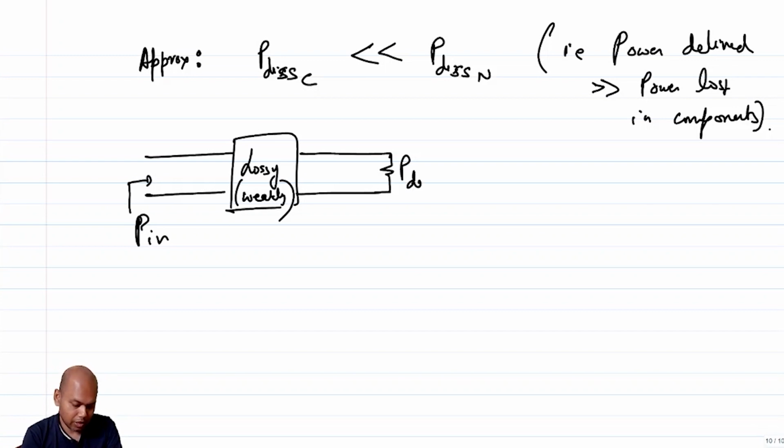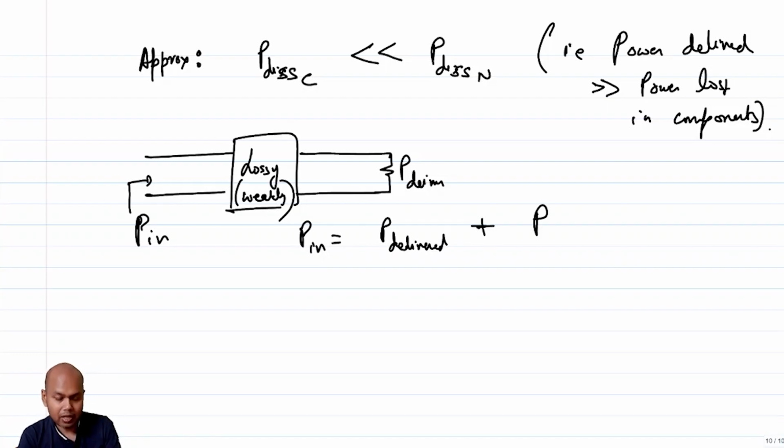So this is power delivered. So I know that P in is equal to P delivered plus P dissipated in the matching network, which means in the components, right?